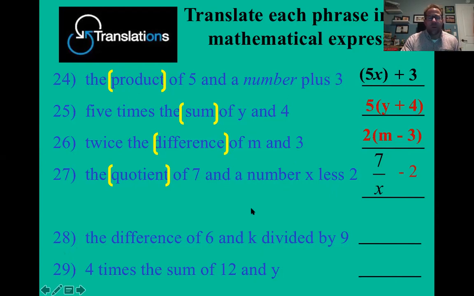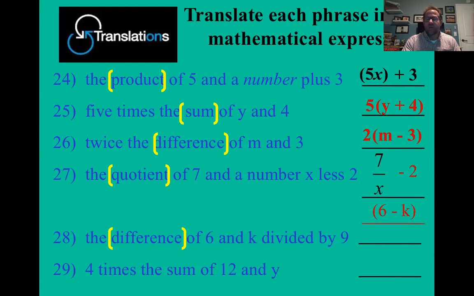Okay, number 28. The difference of 6 and k divided by 9. So look for the private party word. That would be the word difference. Now look to see who got the invitation. That would be the 6 and the k, right? So 6 minus k, the difference, the 6 came first, so 6 minus k, and then divided by, we would want to use a divide line.